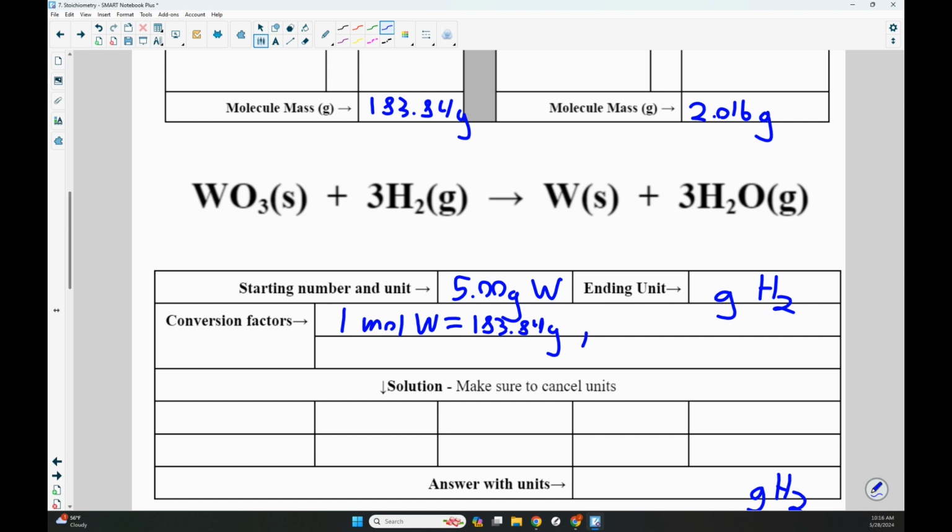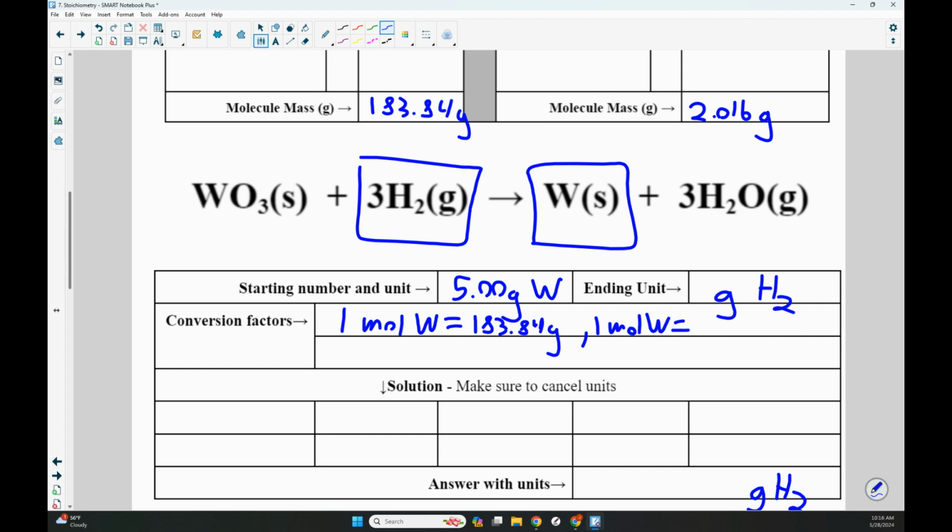Then we're going to have to convert from moles of tungsten to moles of hydrogen, and so we're going to use the mole ratio from the equation. So 1 mole of tungsten goes with 3 moles of hydrogen. And again, I got that by looking at the coefficients here in the equation for those 2 factors.